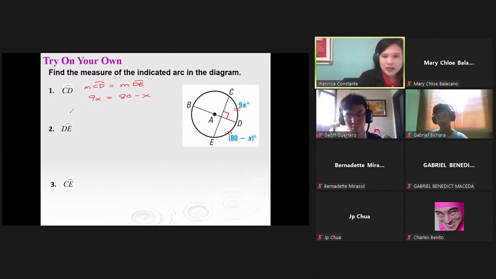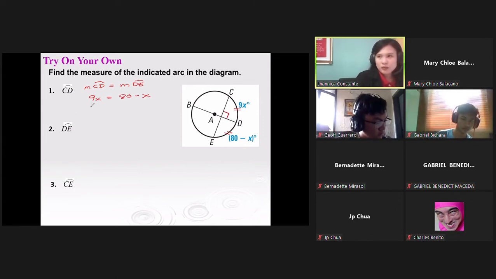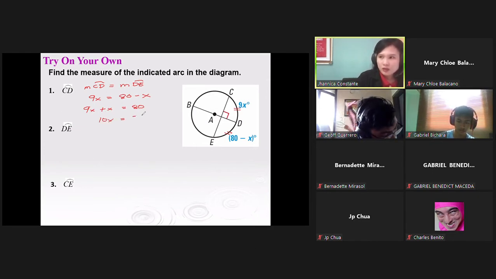So combine similar terms: 9x plus x equals 80. So 9x plus x is equal to 10x, equals 80. Divide both sides by 10. So the value of x is equal to 8.